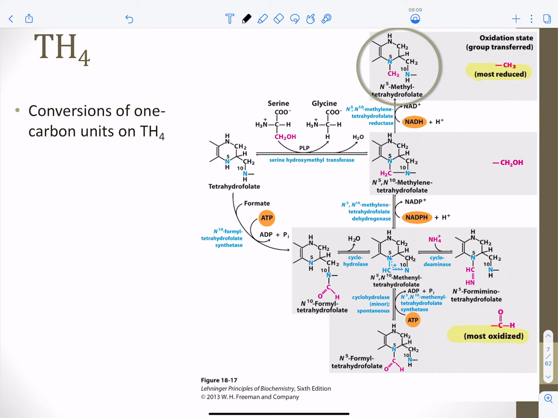What's important about your most reduced is it has an insufficient transfer potential. Okay, and so also what's important is the most common source of the 1 carbon unit is going to be that N5, N10 methylene tetrahydrofolate.